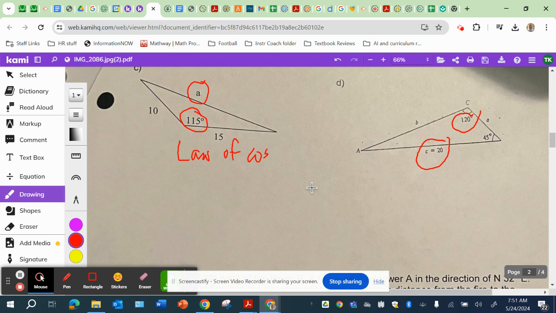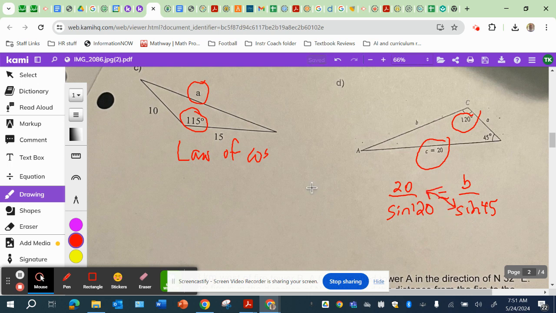So the side over the angle across from it equals the side over the angle across from that. I'll let you do that on your calculator, but you want your calculator in degrees for this one.